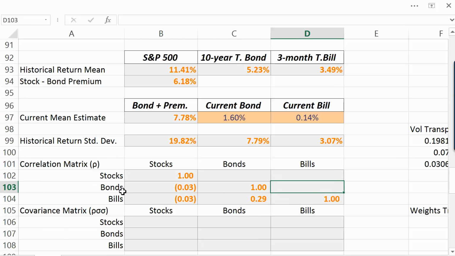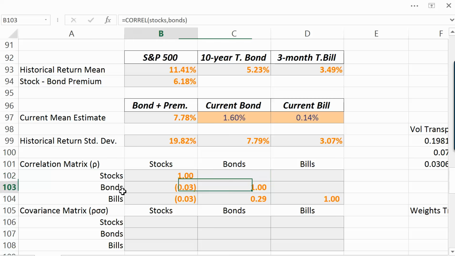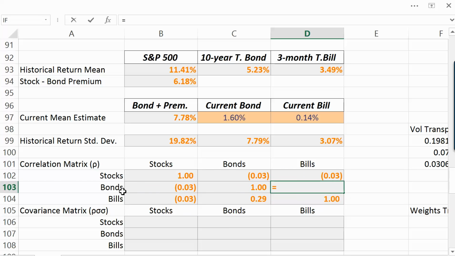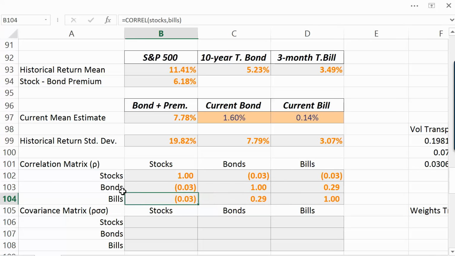These on the top half, top right of this matrix are just repeating numbers, right? This one here is bonds with stocks. This one here is bonds with stocks. So I can just say equals that. And bills with stocks is the same as this. And bills with bonds is the same as this. So this is my correlation matrix.